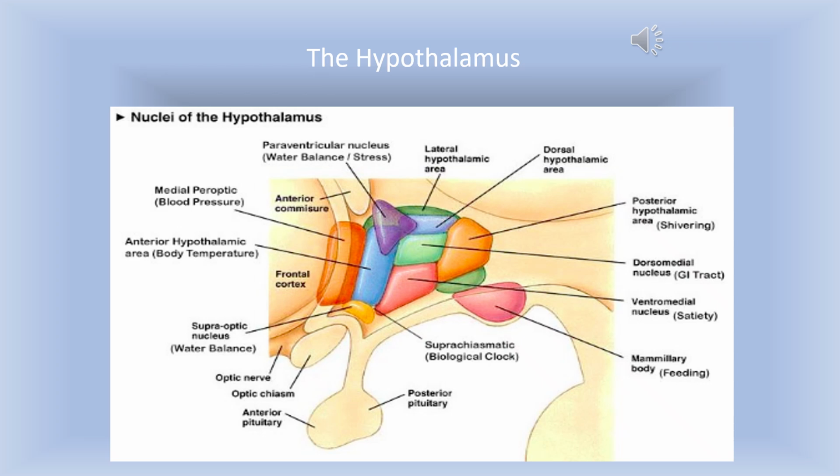Start here at the lower left, the supraoptic nucleus. The function there being water balance. Well, that's because it releases a hormone called antidiuretic hormone, ADH. Also, you might call it the no-no-pee-pee hormone. Well, we're managing water balance.